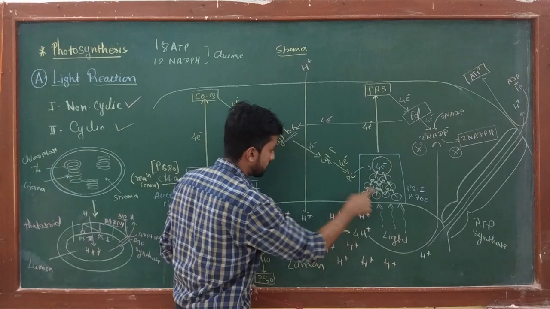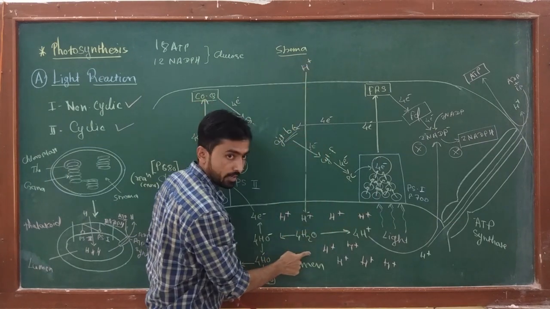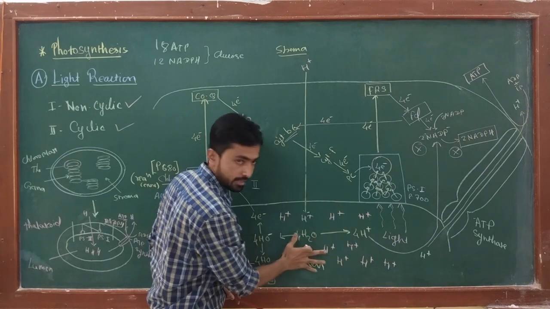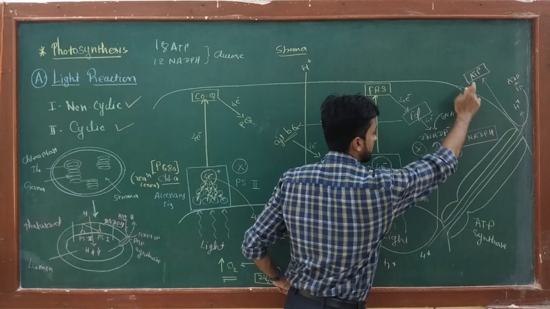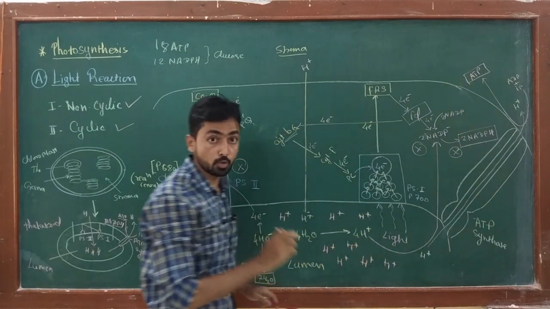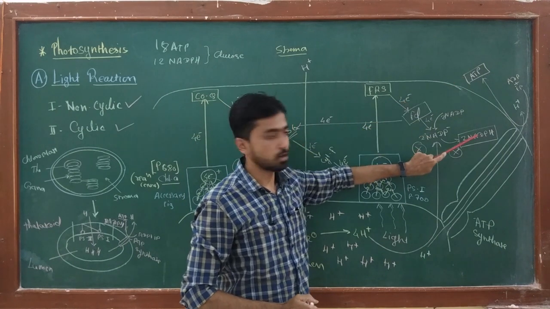In this reaction, hydrogen ions are pumped from the stroma to the lumen, and when the concentration of hydrogen ions increases, they pass through ATP synthase, and then ATP synthase produces ATP. So cyclic photophosphorylation only leads to formation of ATP, but not NADPH.